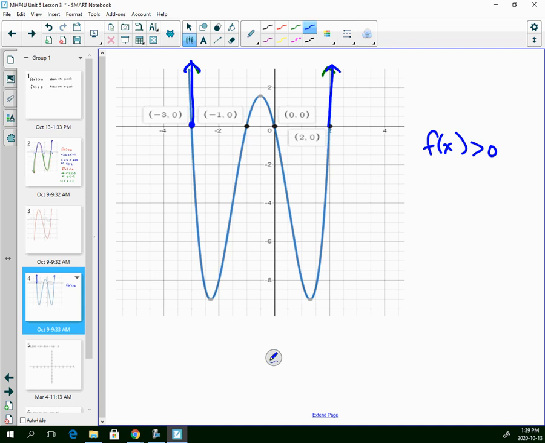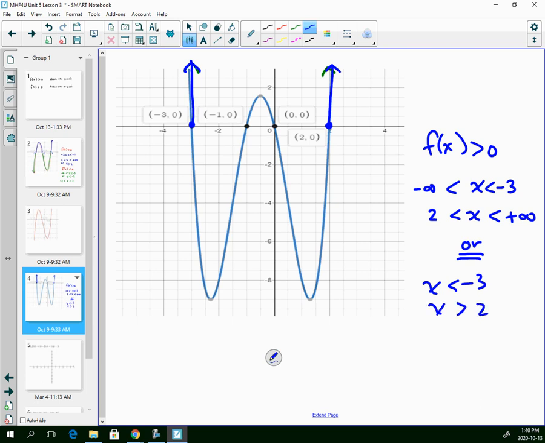So -3 and 2. So I can say less than -3 to infinity, and also greater than 2 to infinity. Or I could just write when it's less than -3 and greater than 2.